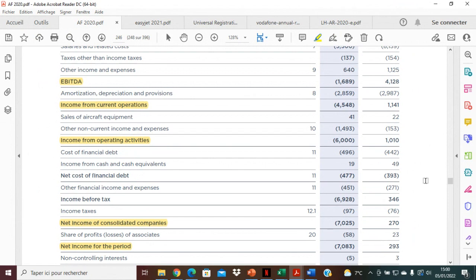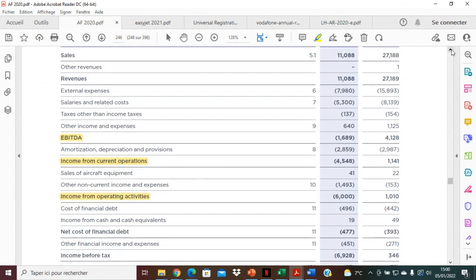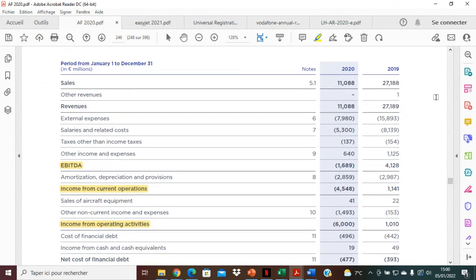That is not at all mandatory in IFRS. Okay. So it means either I need to calculate this on my own if I want to do it, or at least I need to be aware that it's not mandatory and can be defined differently.